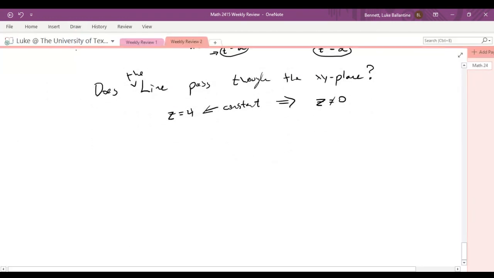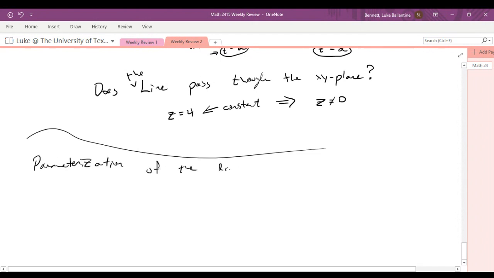We're going to do one more problem, and then see how long this takes, and something about planes. So we need the parameterization of the line through the point 2, 1, 0 and perpendicular to both i plus j and j plus k.